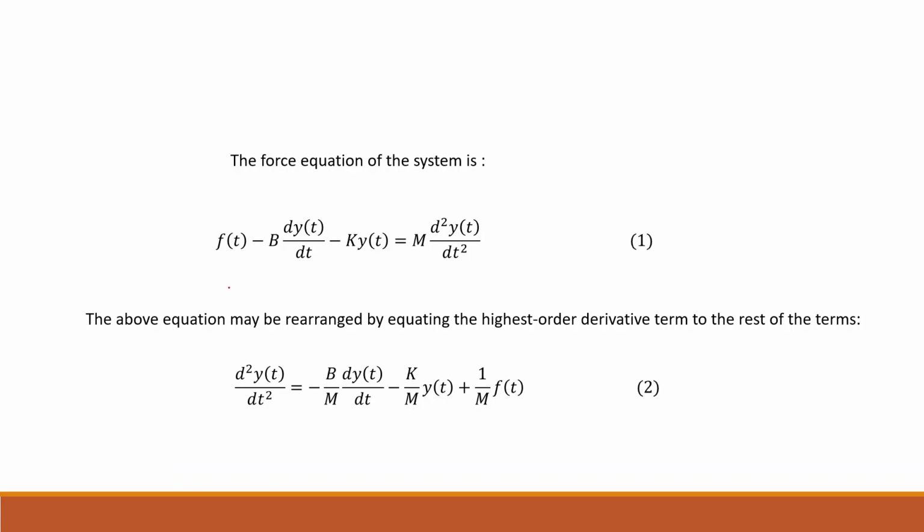So from this expression we can rearrange the terms and write it in this form. d2y dt2 equals minus b by m dy by dt minus k by m yt plus 1 by m ft, where ft is the forcing function or the source.